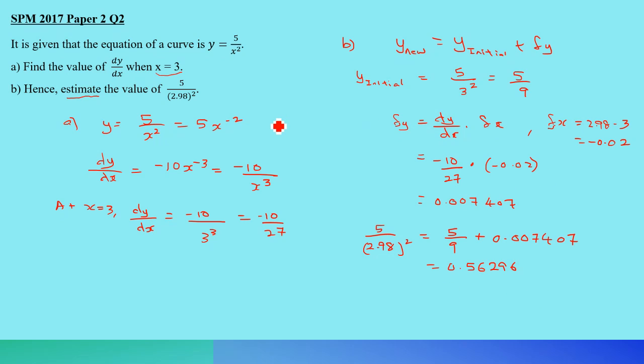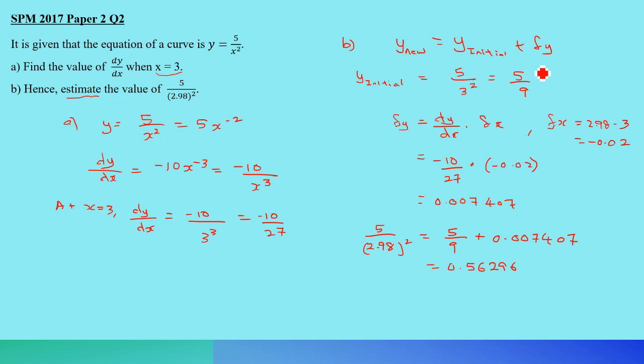So you have to round it up to the nearest integer, and that nearest integer will give you an easier value for your initial value, and then you find the changes in y, then sum both up, because the new value for y will be the initial value plus the changes.